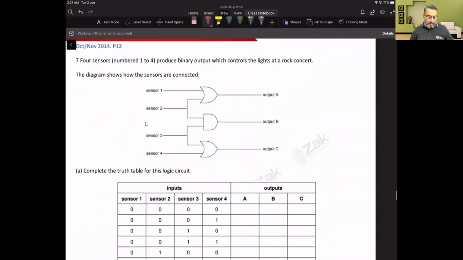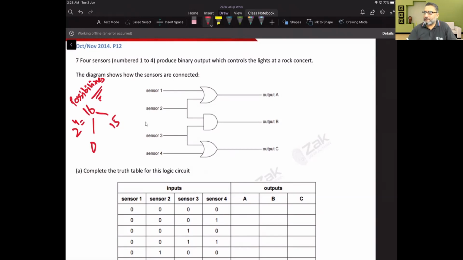Now, 4 sensors number 1 to 4 produce. Remember, 4 inputs means 2 to power 4, that is 16. 16 means 0 to 15. There are 16 possibilities. So there are 4 sensors.